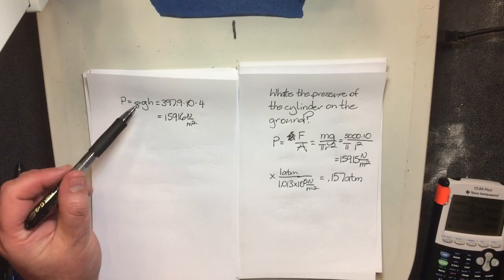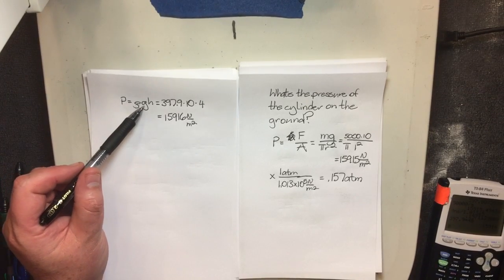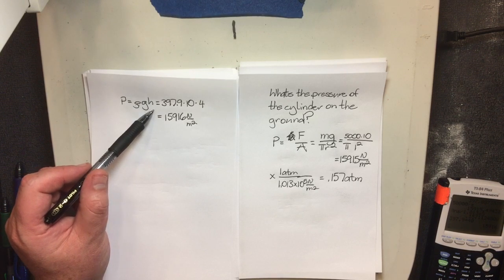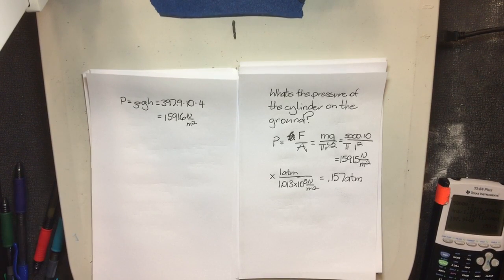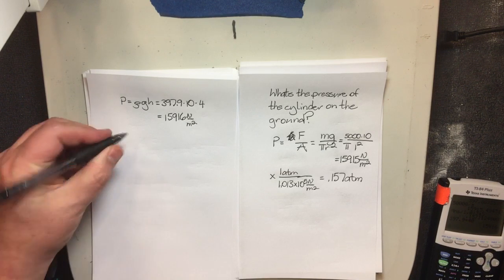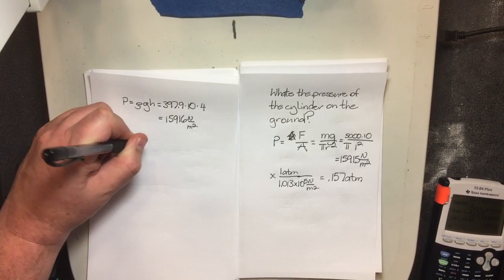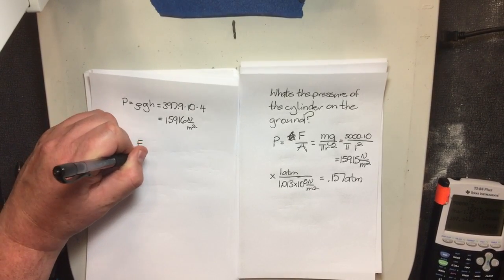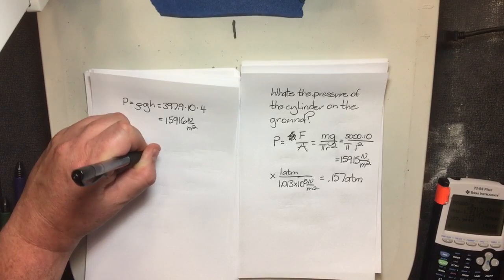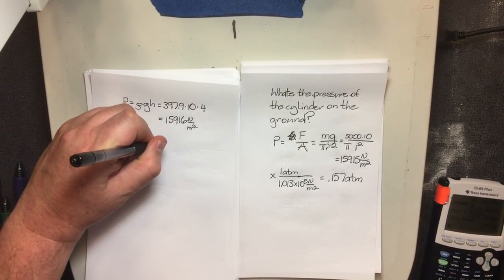Well, that's rather interesting. If I take the density of the material, multiply it by gravity and then multiply it by the height above the surface, I get the same pressure that I do over here. Well, let's figure this out. Pressure is force divided by area. Well, what's the force? mg.